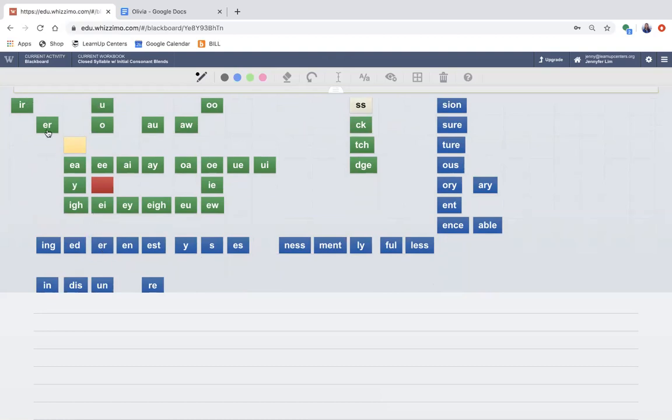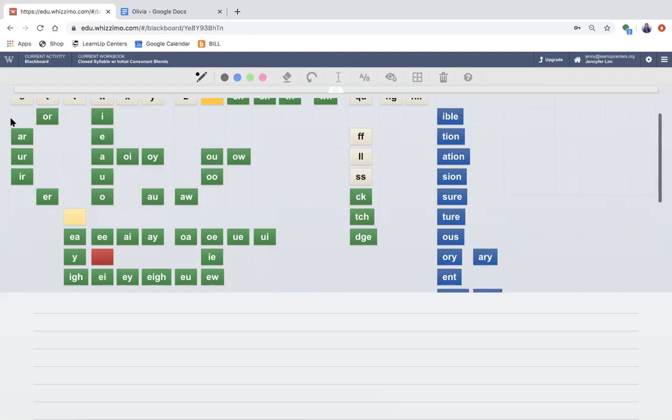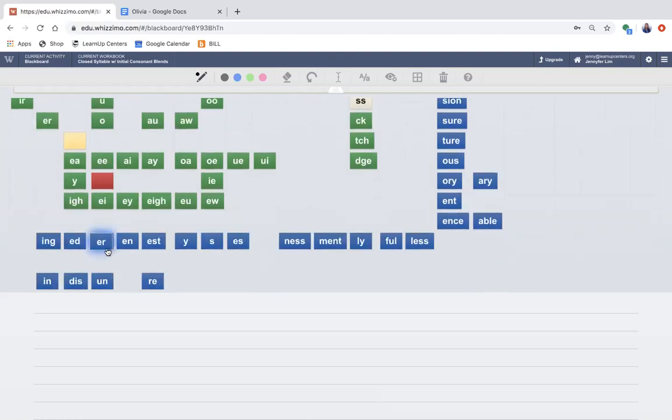So when you see an ER at the end, you would think of the meaning of it, which is er. Okay. So it's basically the same thing, but for the R family, just for spelling and reading, most likely. But for suffixes, remember I told you it's with meaning. It's just going to help you with the meaning of it. Okay.